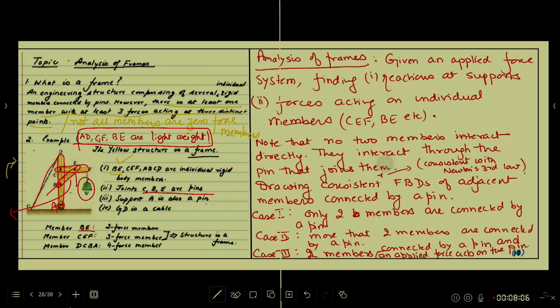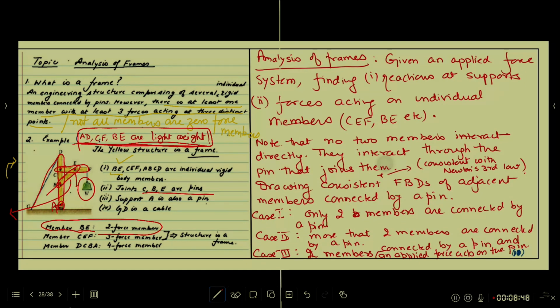The weight that the frame is withstanding is much more than the self weight, and that is why on an FBD of any of the members, the self weight, you put it there or you don't put it, it won't affect your analysis much. Okay, so with this approximation that AD, CF and BE are all lightweight members, I am claiming that member BE is a 2-force member.